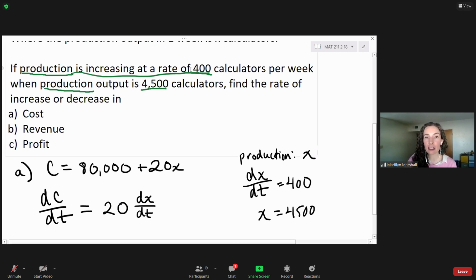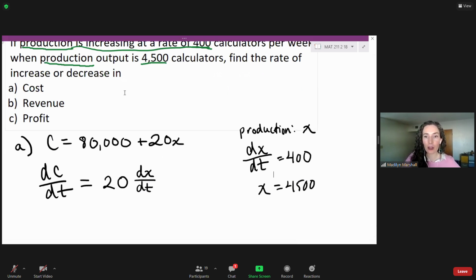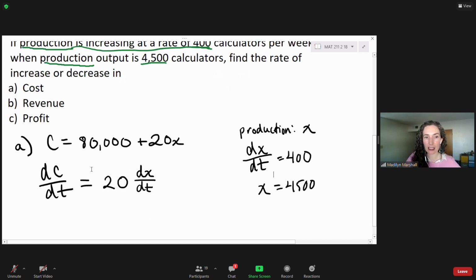So we have these two given numbers in our problem, the 400 and the 4,500. Each of those is a part of what could be in our dc/dt equation. We don't have an x in our dc/dt equation, but we do have dx dt. This is what I was saying on the previous page, that whole dx dt together is its own variable.